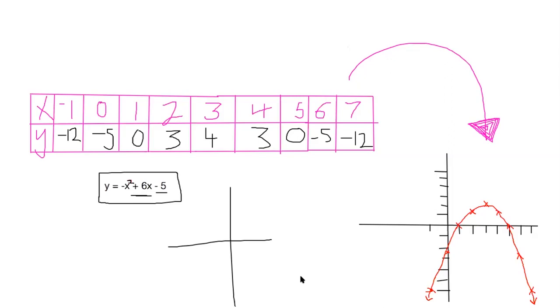Are you all done? I have one or two extra points somewhere. Why do I have an extra point there? 3 and 4.